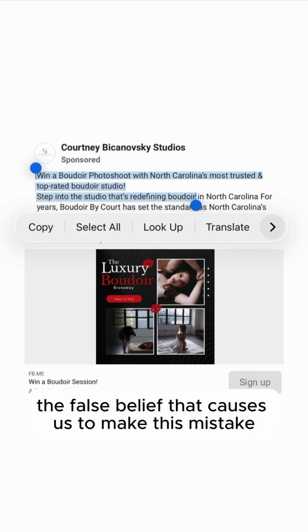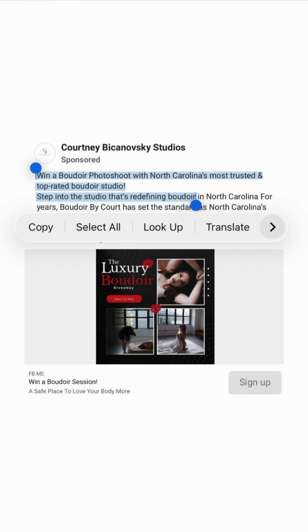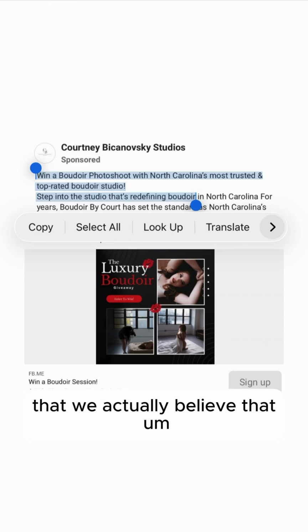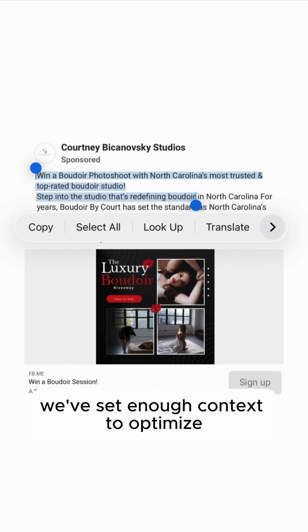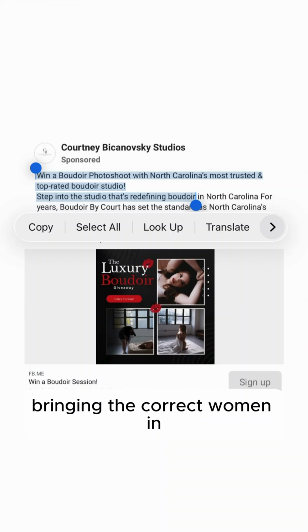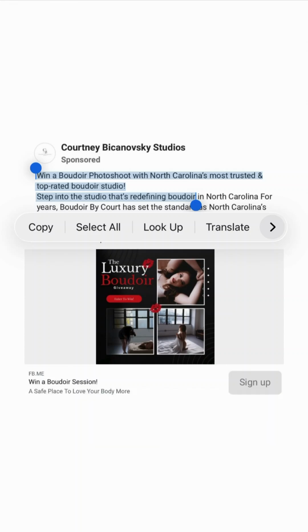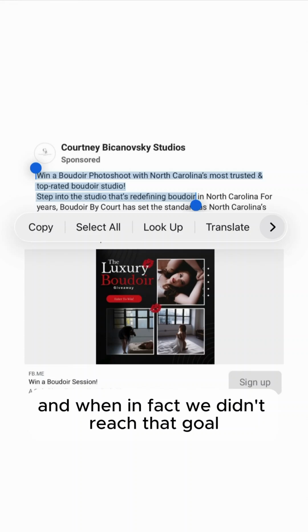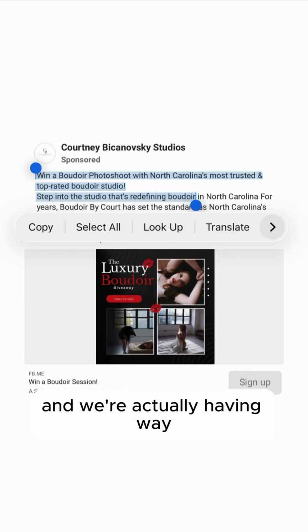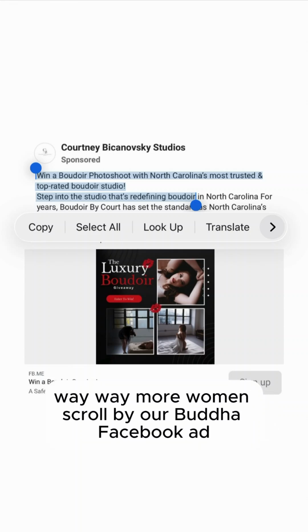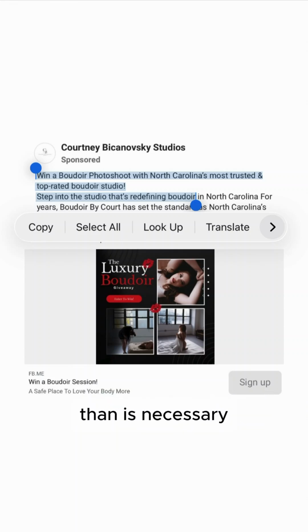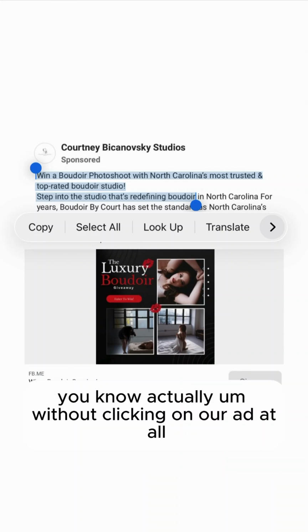The false belief that caused us to make this mistake is that we believe we've set enough context to optimize bringing the correct women in, clicking on our ad, when in fact we didn't reach that goal, and we're actually having way more women scroll by our Boudoir Facebook ad than is necessary without clicking on our ad at all.